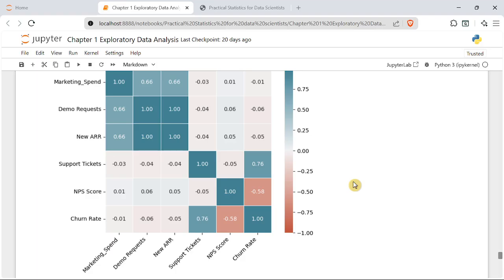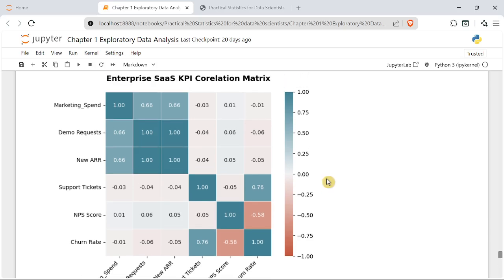Strategically, this visual provides undeniable data-backed evidence for our next board meeting. If we want to protect our newly acquired ARR, we cannot just rely on sales. We must immediately reallocate resources to our customer support and product teams to drive our ticket volumes down and boost overall customer satisfaction.